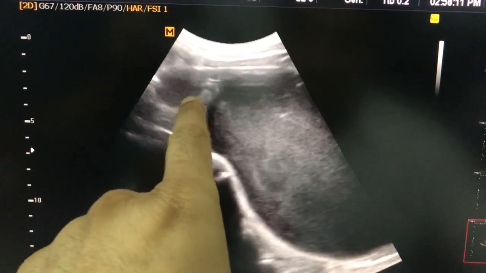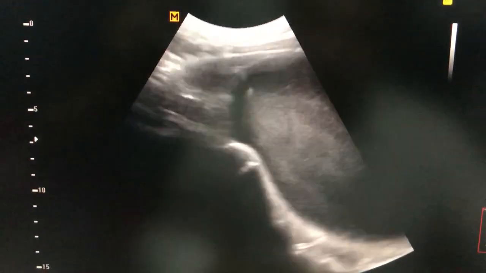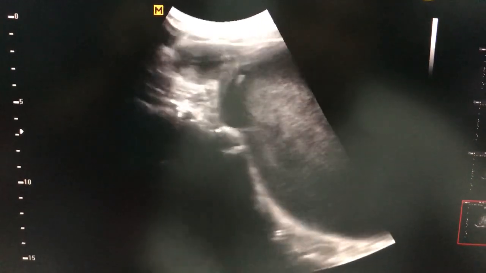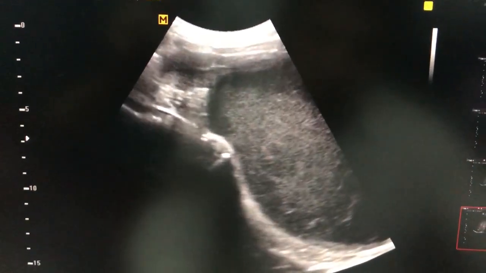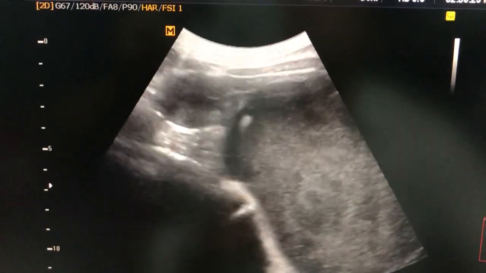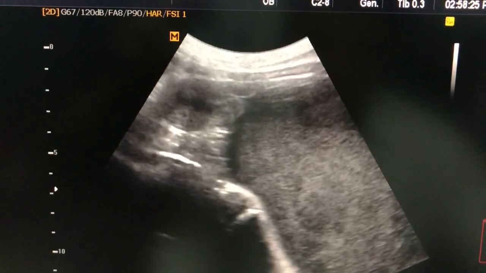Here is the attachment of that cyst. No, sorry, this is the uterus. This is the uterus.